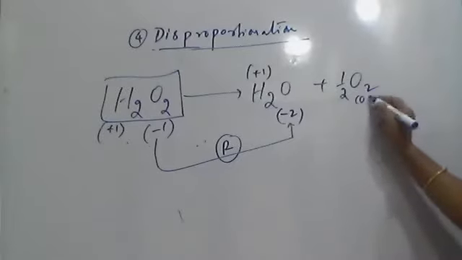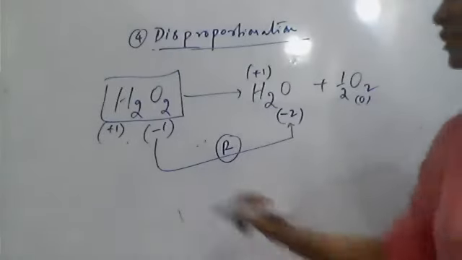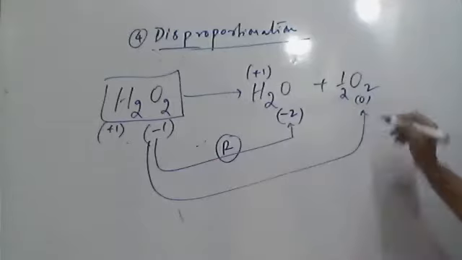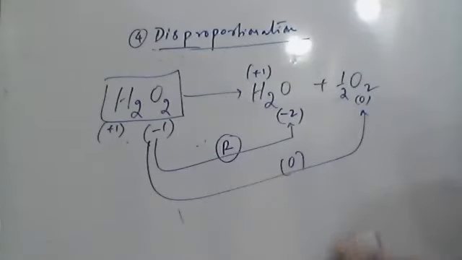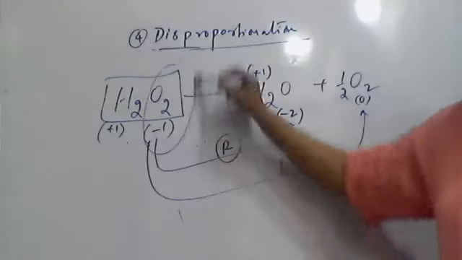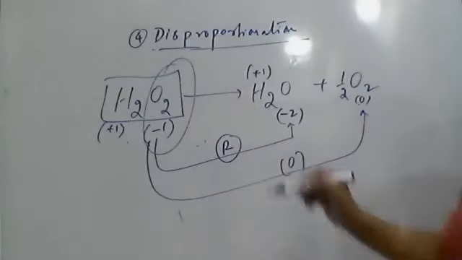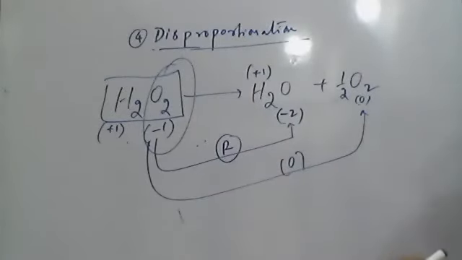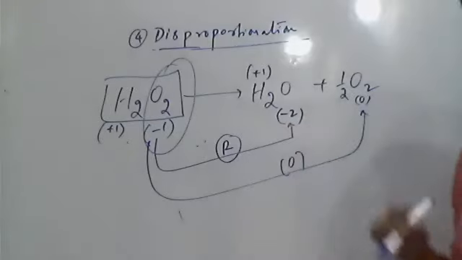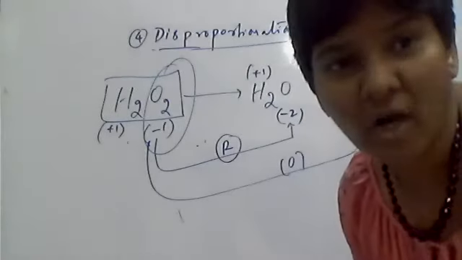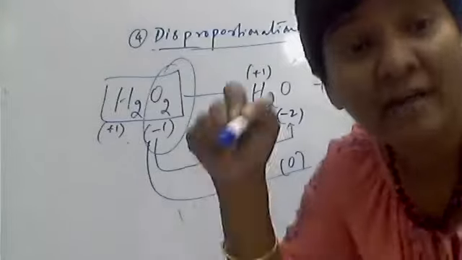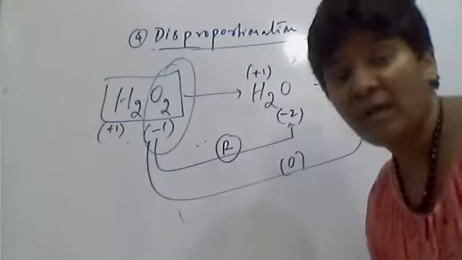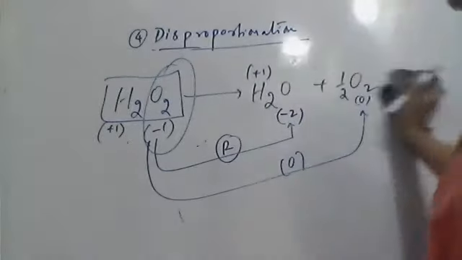And in the elemental state, O2 is 0. So -1 to 0 is an increase. That is oxidation. So the same element, from its intermediate state, is undergoing both reduction and oxidation, called a redox reaction, a special case: disproportionation. Understood?